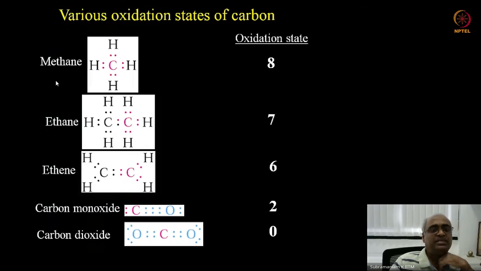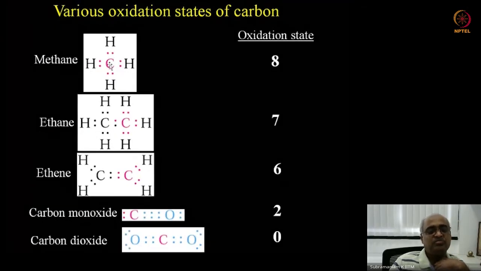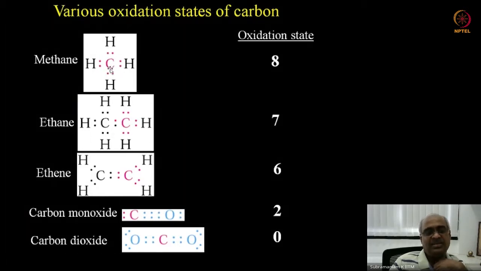So you take methane, for example. In methane, if you look at it, carbon is more electronegative than hydrogen. So therefore, carbon has more claim on the paired electrons. And this is the highly reduced state of carbon, which we call oxidation state 8. It is primarily counting the number of electrons that are bonded with the other atoms.